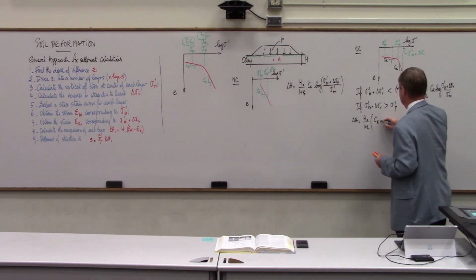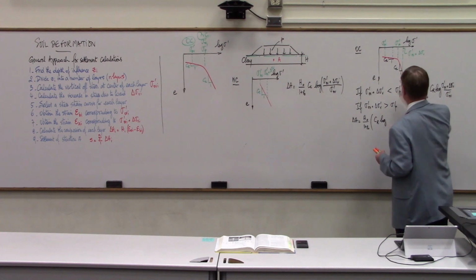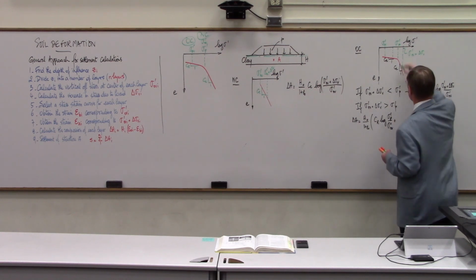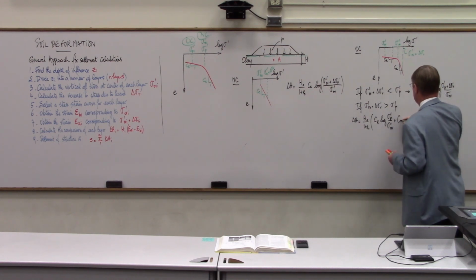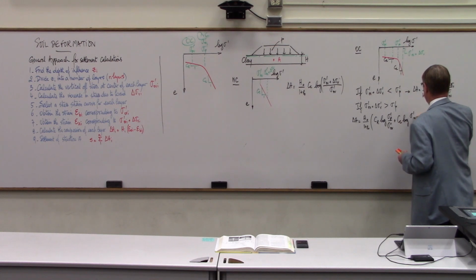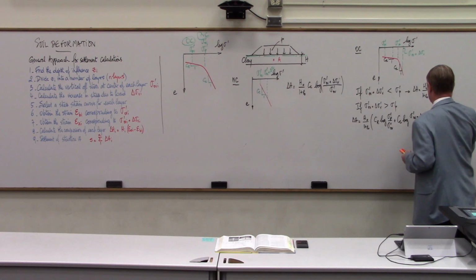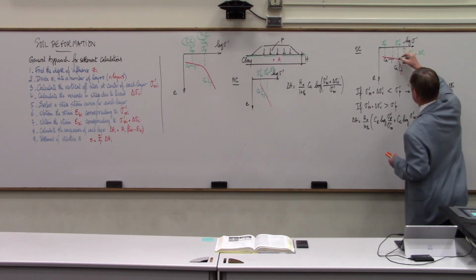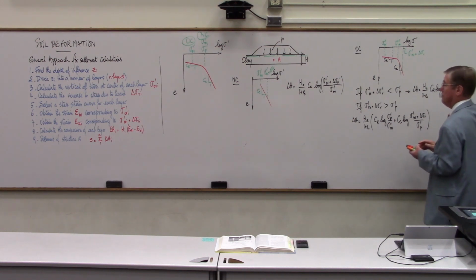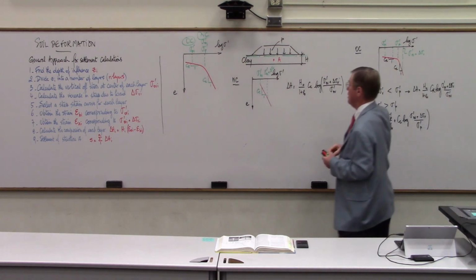So this is going to be C sub R log of the last one, sigma prime P divided by sigma prime OV, plus the second part, C sub C, because the slope has changed, times log of sigma prime OV plus delta sigma V divided by sigma prime P, because that's where I start that curve right there. Okay? So you essentially have three major cases.